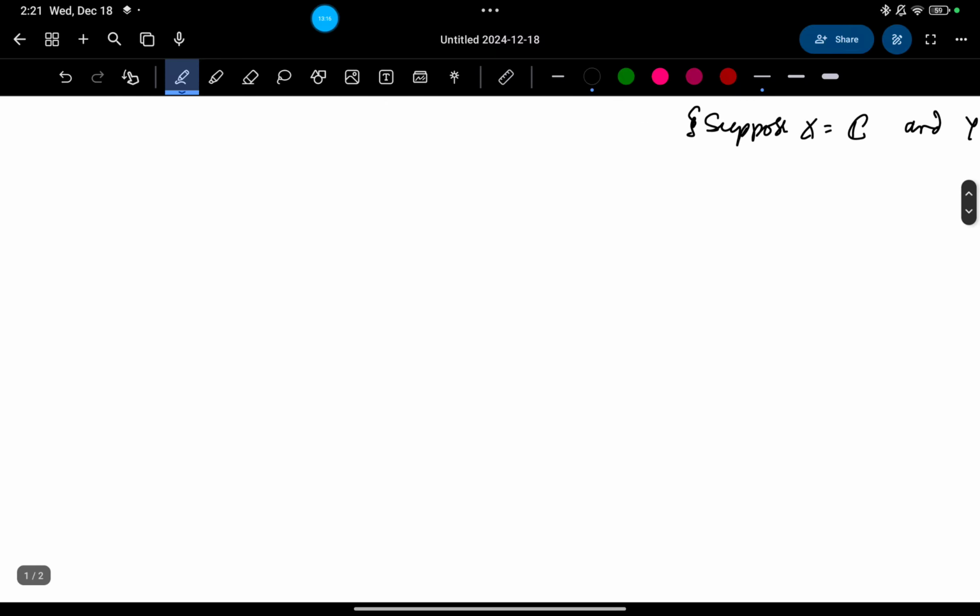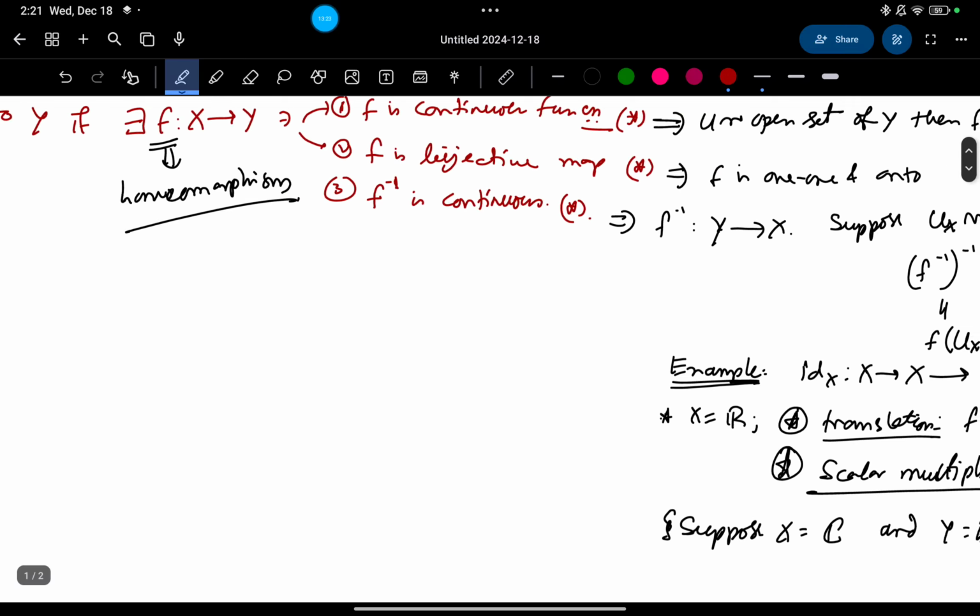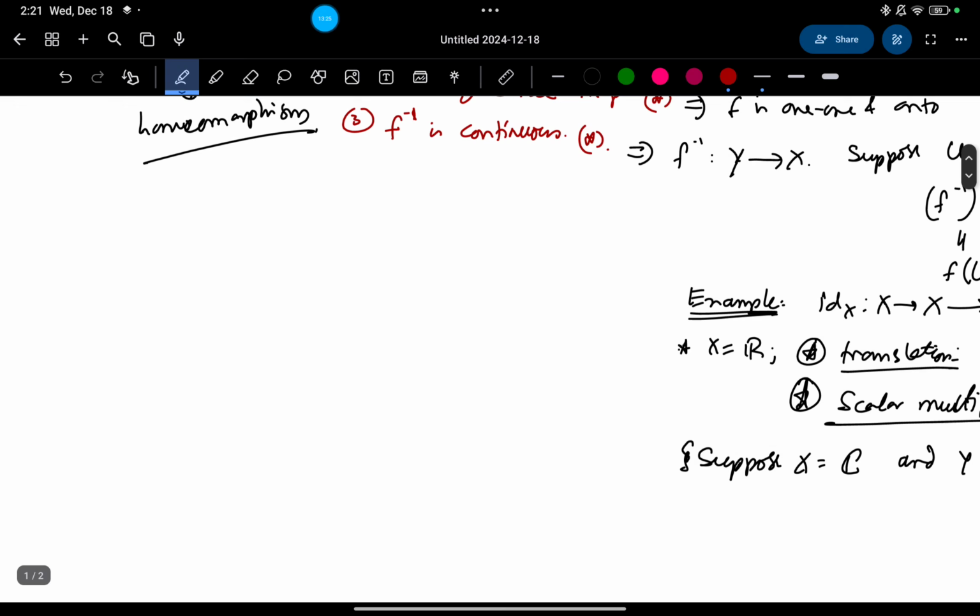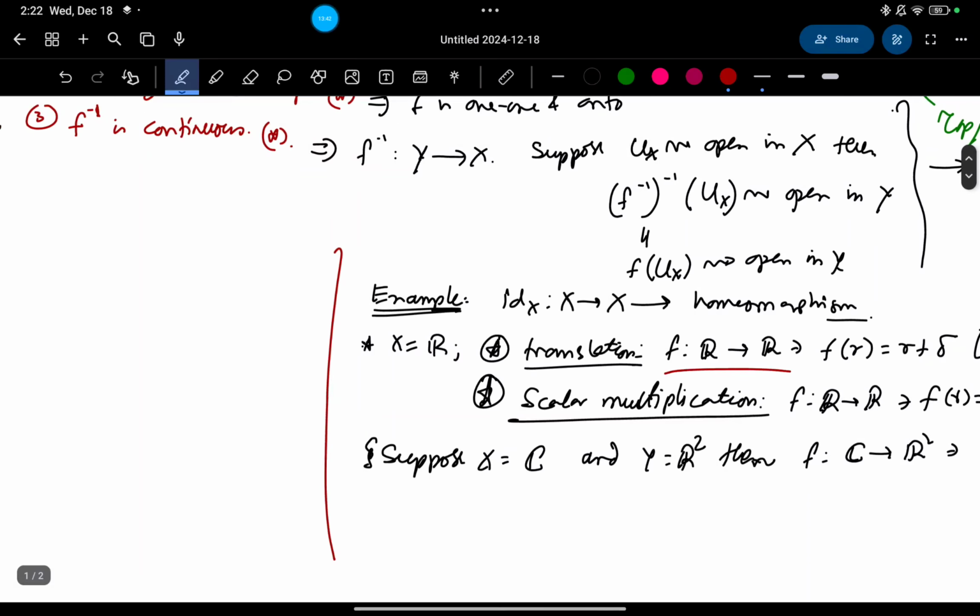All right, so some non-examples. Let us begin here. So let's give some explanation. Some basic explanations are something like this. Suppose we consider, let's say, the translation property.